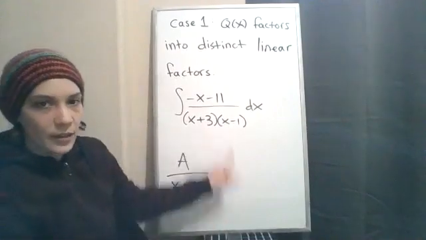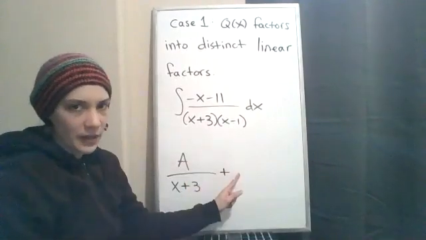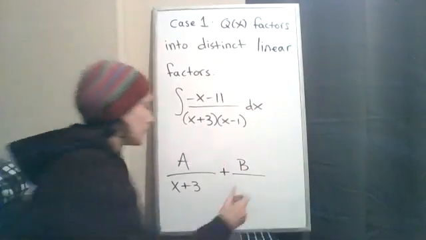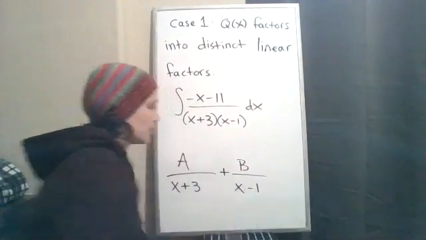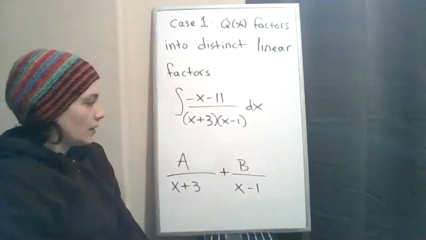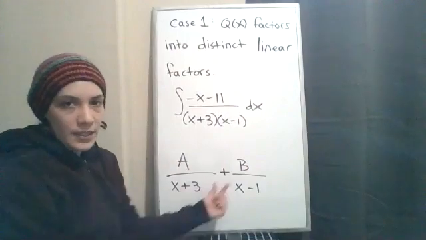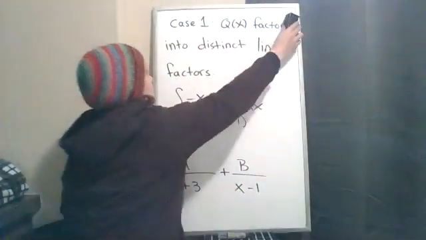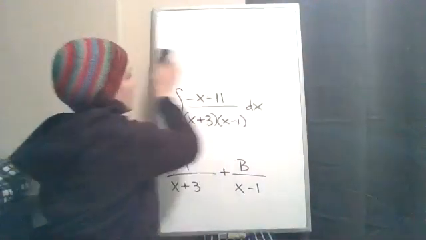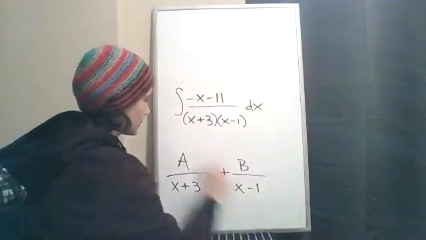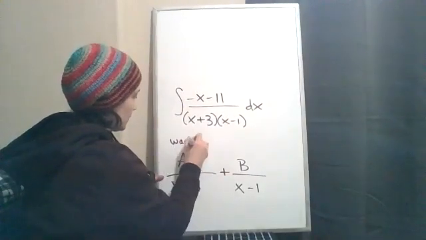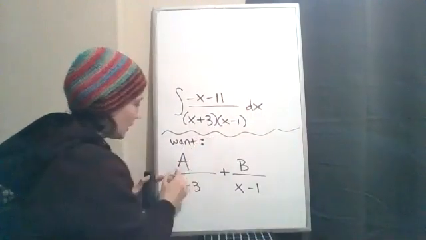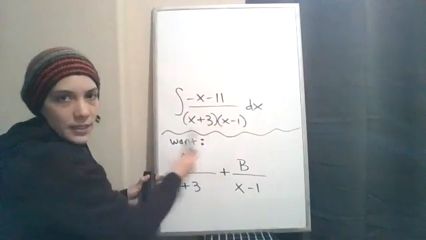For that other linear factor, we make another term, pick another letter over that as the denominator. And what we want is for this plus this to equal all of this in here.